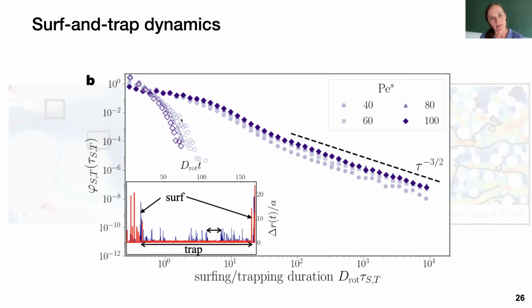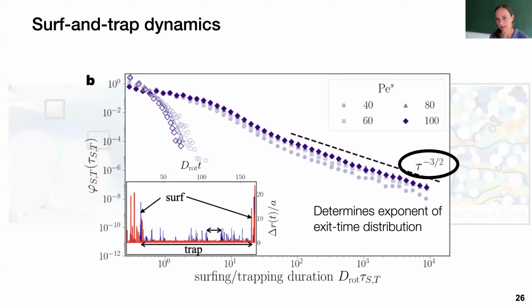For example, the open symbols here are the surf time distributions, and we notice that they are very much shorter lived than the trapping time distributions, which are these filled symbols. More importantly, these trapping time distributions show the same power law exponent that we see in our exit time distributions. So this somewhat confirms the picture that the exit time distributions are really determined by how the particles are trapped in the pore space in the first place.